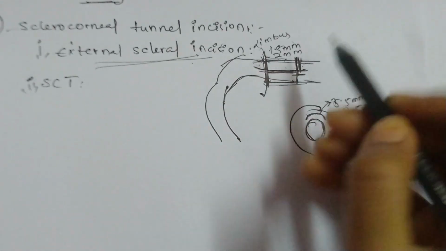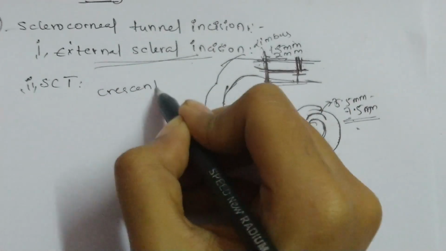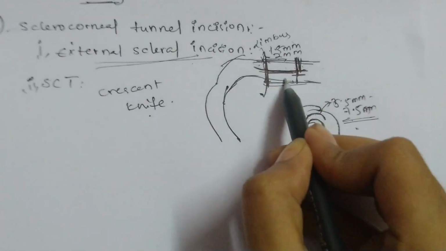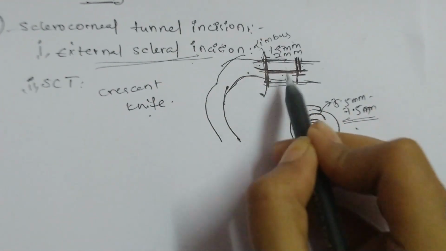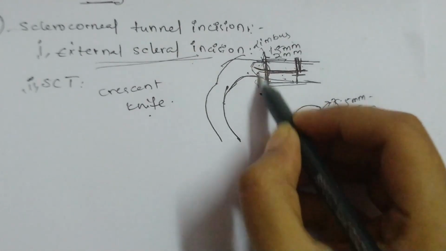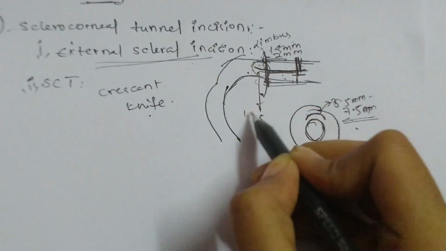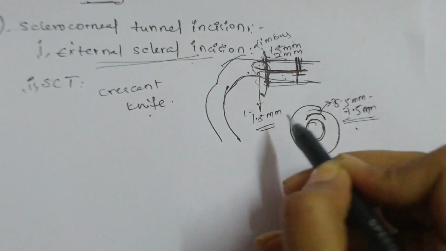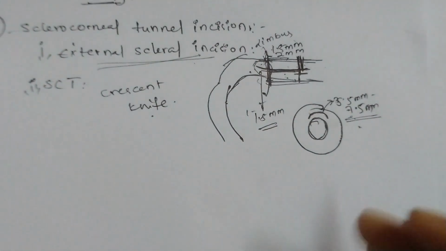With the help of the crescent knife, we made a sclerocorneal tunnel, and this tunnel extended up to 1 to 1.5 millimeters into clear cornea. So we made a tunnel.